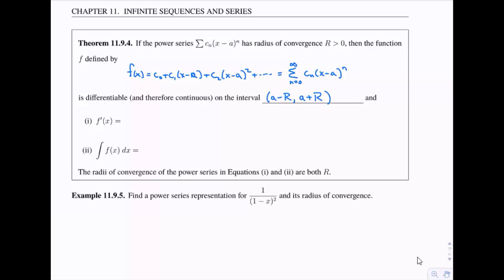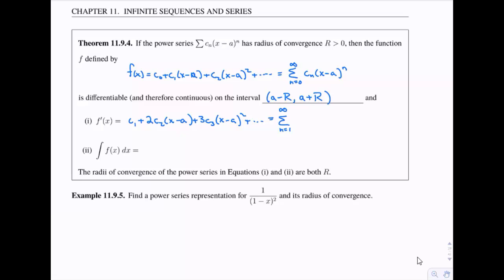Then it's differentiable and therefore continuous on the interval from a minus r to a plus r, and we can take the derivative. And the derivative is exactly what you would expect. So if I take the derivative of c0, I get nothing. If I take the derivative of c1 times x minus a, well, that's just c1. And you can kind of see how this goes. It's just basically taking the derivative of polynomials.